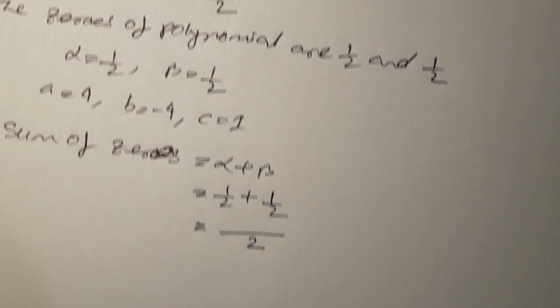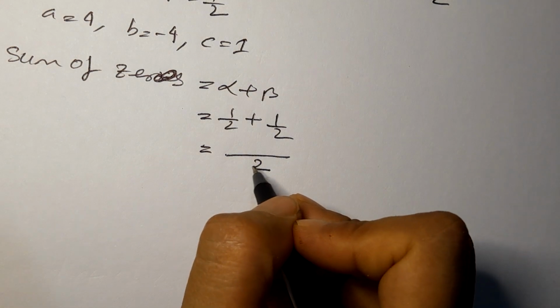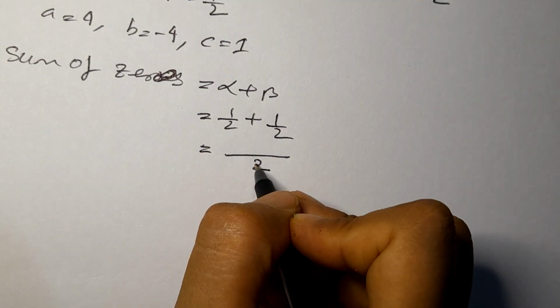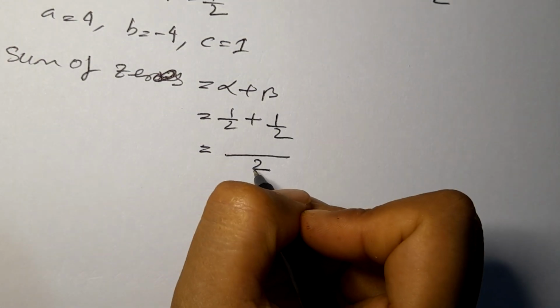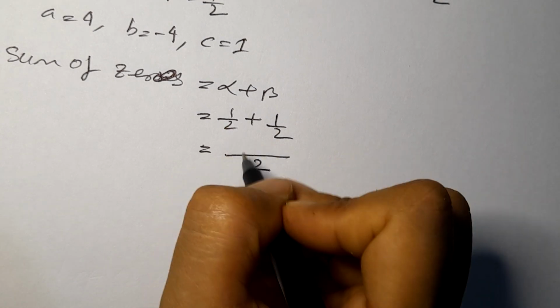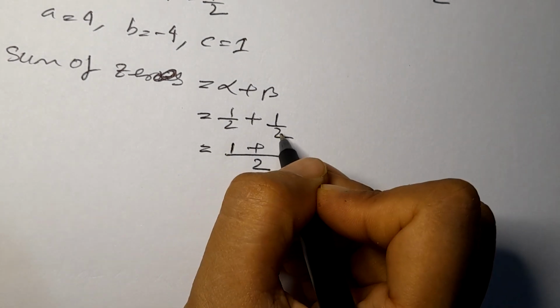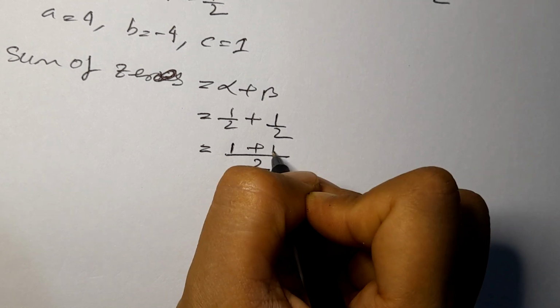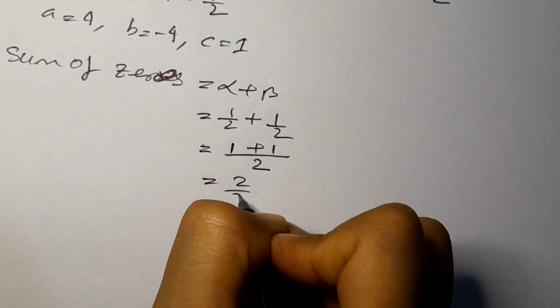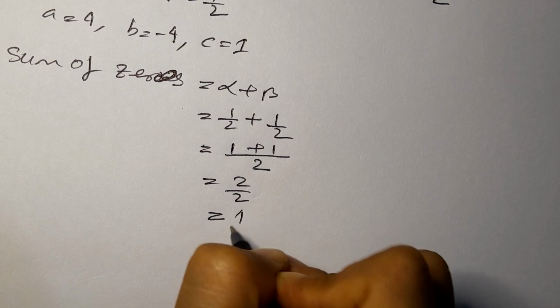LCM 2. Now divide this and this. How much? 2 divided by 2, that is 1. 2 divided by 2, 1. So 1 into 1, 1. 2 divided by 2, 1. 1 into 1, 1. So it gives 2 divided by 2. Cancel it out. That is 1.